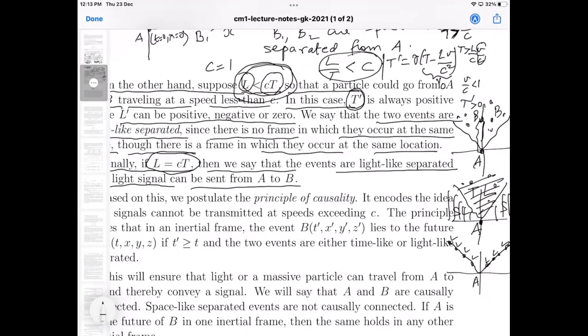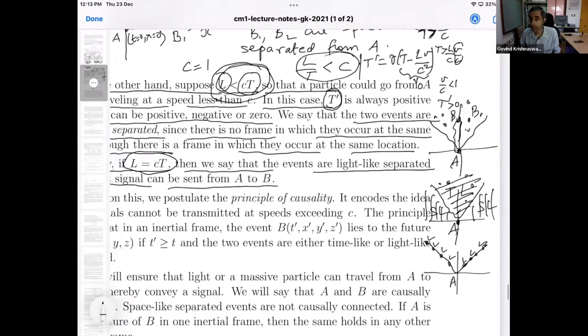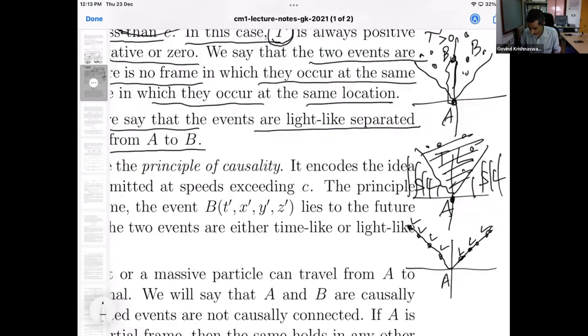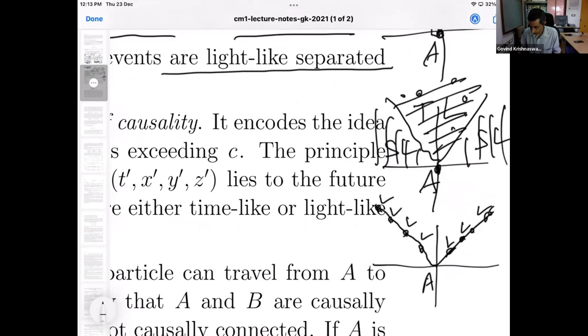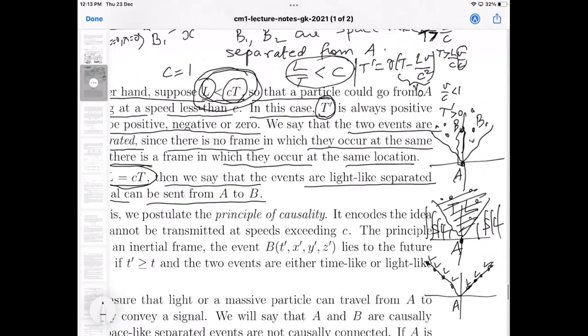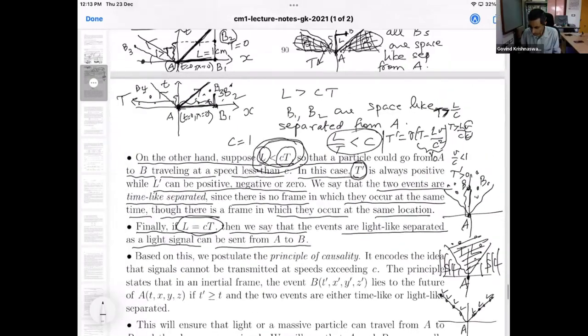So I was thinking that for a light-like separation, if the frame is traveling at the speed of light, then both events occur at the same place at the same time. Sir, in the Lorentz equation, the gamma factor will become infinite.